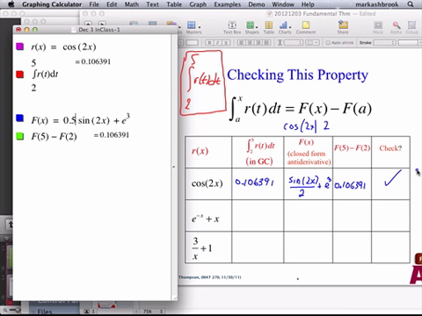Remember, if you're not sure, just go for it. Get something close, and then take the derivative and see how you need to adjust your guess.